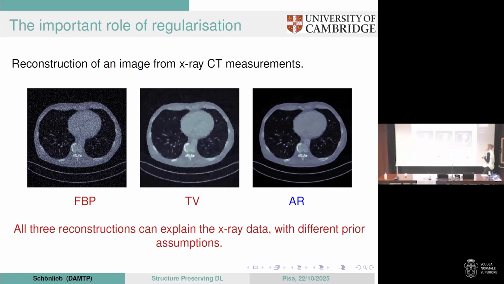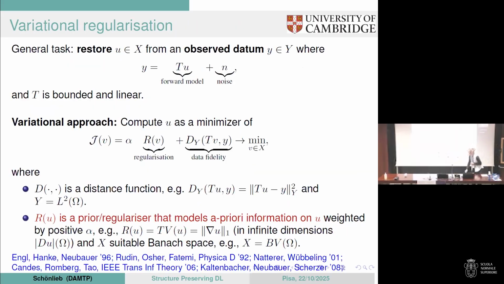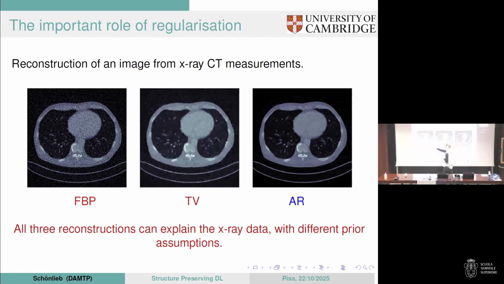And what you see here are three different reconstructions based on X-ray tomography measurements, where the only difference between those three is the regularization that I'm using in this variational model. So this one, you can think of as an unregularized reconstruction.